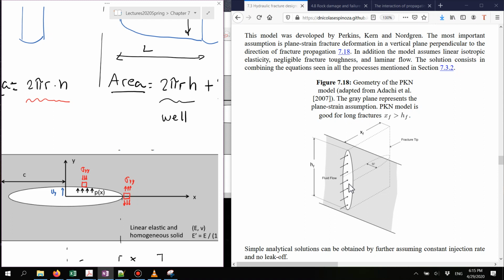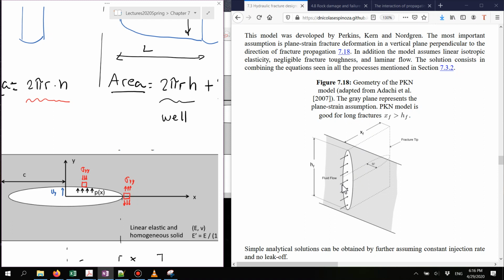And solving that, and solving for the amount of flow that goes into the fracture as a function of distance from the wellbore, you see this width is going to vary with distance. We can tell what is going to be the evolution of the fracture length, the fracture width, and the pressure of the fracture for a given injection rate.